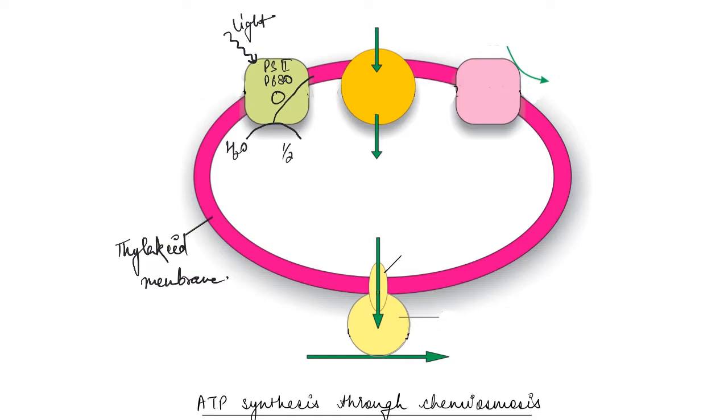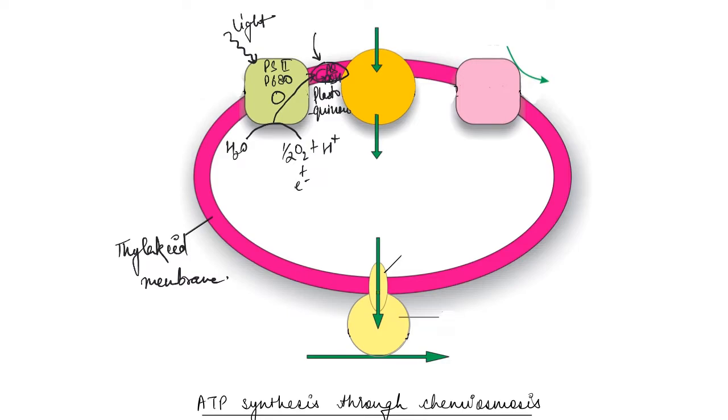So basically we have oxygen plus protons, and then there are electrons as well, right? Because of the splitting of water, we have an electron which gets excited, and it is getting used by this plastoquinone, right?